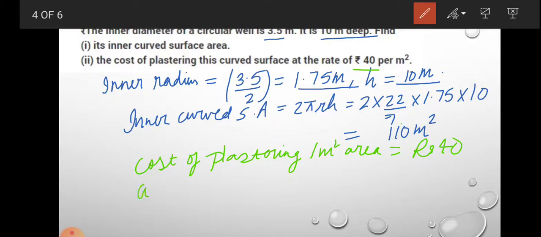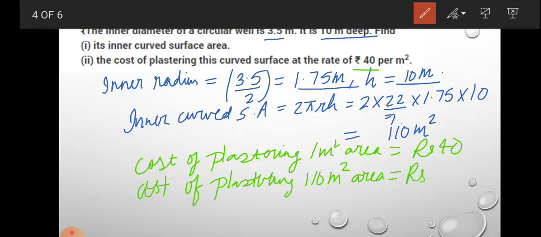So cost of plastering 110 meter square area is equal to rupees 40 into 110, which is equal to rupees 4400. Therefore, the cost of plastering the curved surface area of this well is rupees 4400.